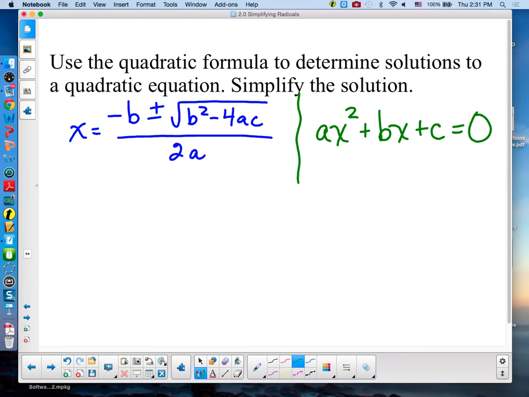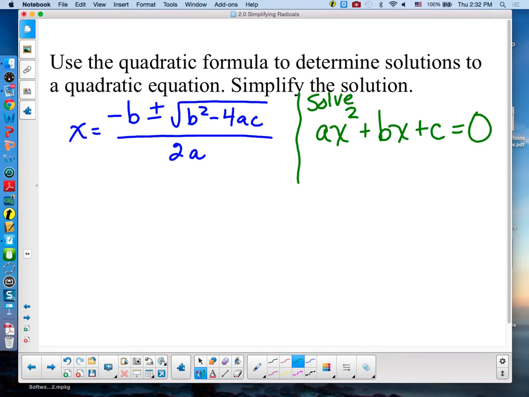That is the form we want it to be in. If it's not equal to 0, we have to do some adding or subtracting to get it to equal 0. In this form, the a, the b, and the c are the coefficients. So the problem is going to say solve this equation, but there will be numbers in there.